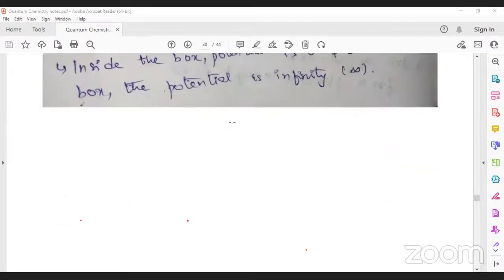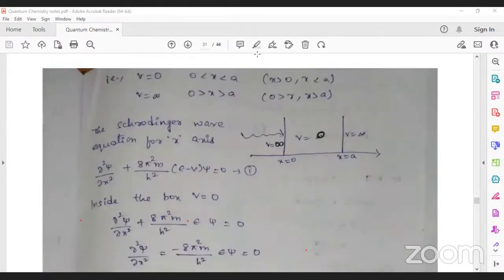Whenever the particle is moving in a one-dimensional box, these are the conditions. When V = 0, inside the box the potential becomes 0, and outside the box the potential becomes infinity. Inside the box means between 0 and a, the potential becomes 0, that is 0 < x < a.